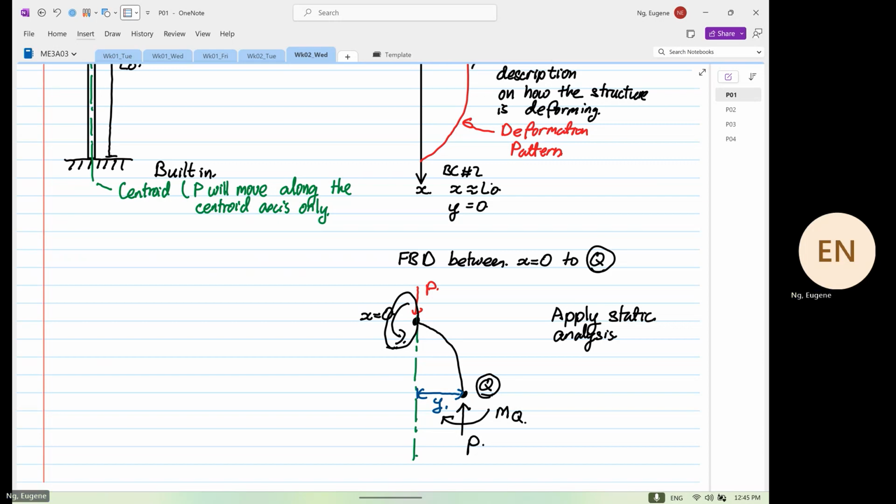Our structure will start to rotate. Are we clear? So that has to have a counter moment, then the bending or the buckling will be on the centroid. Yes. This direction, because the centroid is the fixed point. So you have a perpendicular distance over here, so the moment acts this way.